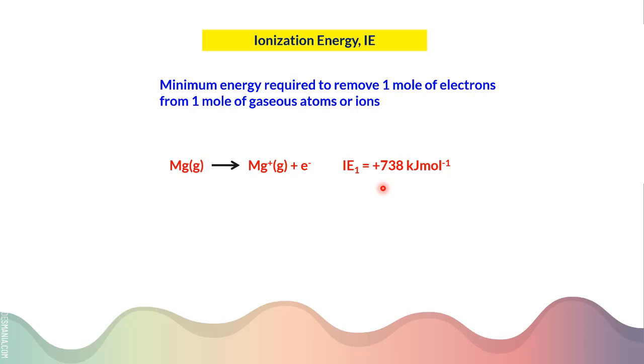This is called the first ionization energy of magnesium. When 1 mole of electrons is removed from 1 mole of Mg+ gaseous ions to form Mg2+ gaseous ions, 1451 kilojoules of energy is required. This is called the second ionization energy of magnesium.